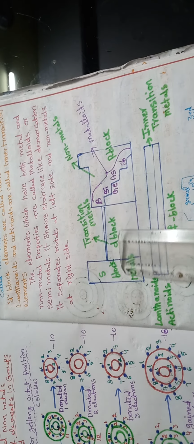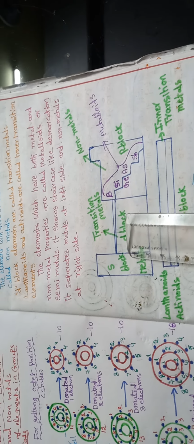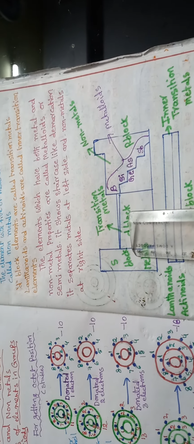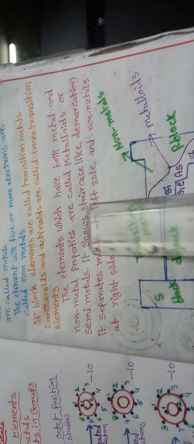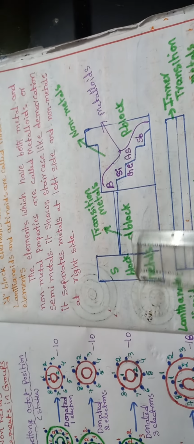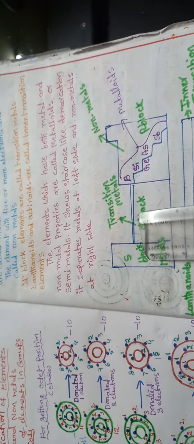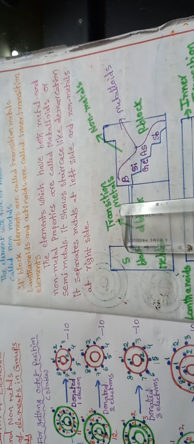These group elements are called D block elements. So one name is given for D block elements, that is transition metals. S block, D block and F block elements are metals, but one name is given for the D block elements, that is called transition metals.